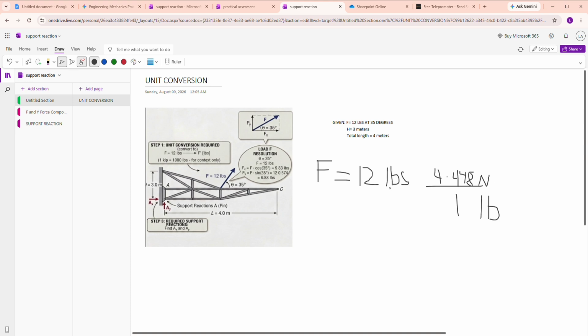We're going to cancel this unit and this to come up with the Newton unit. So 12 times 4.448 is equal to 53.38 Newton.